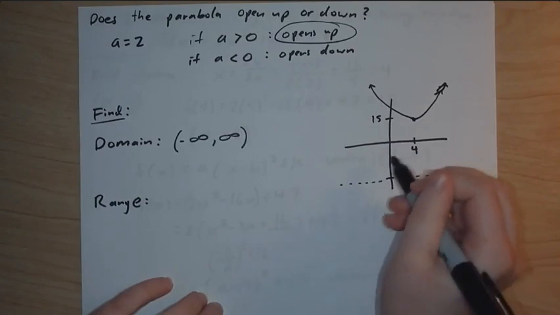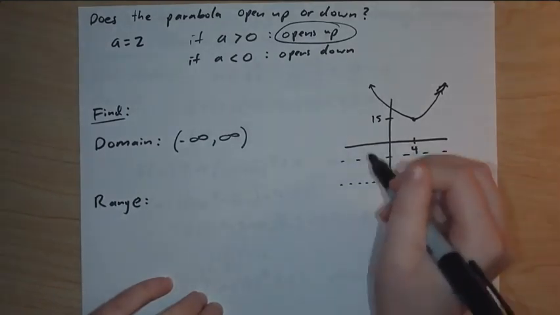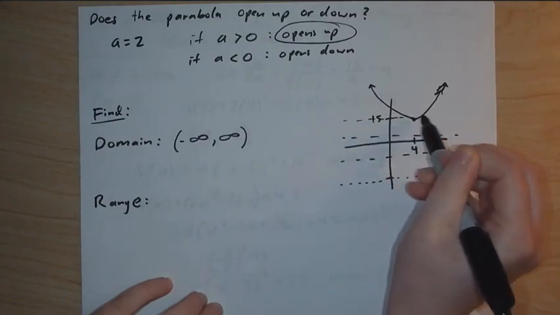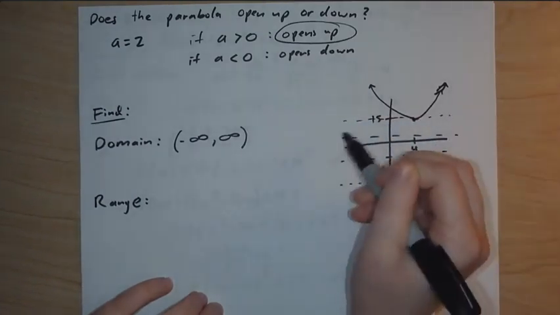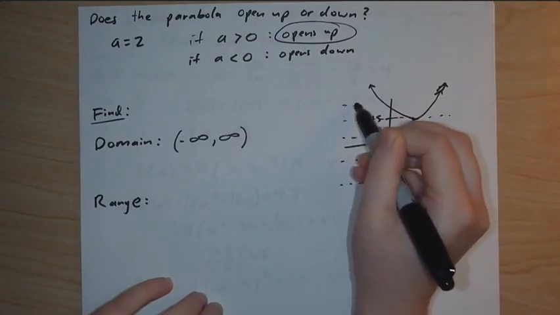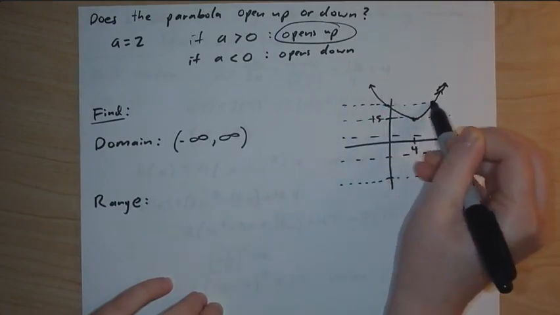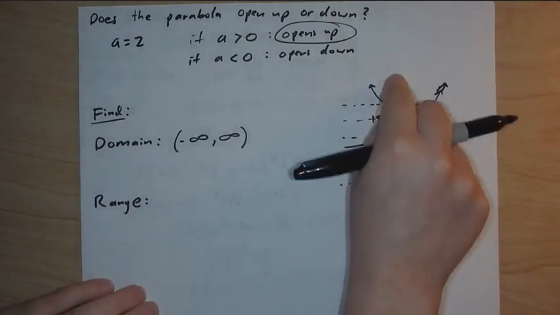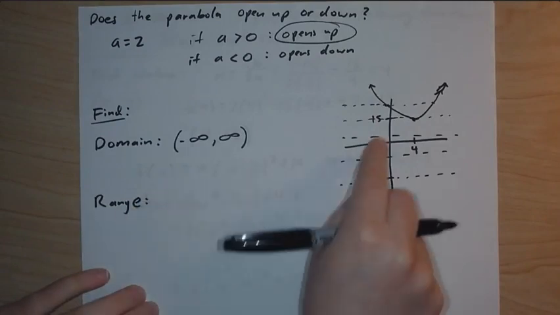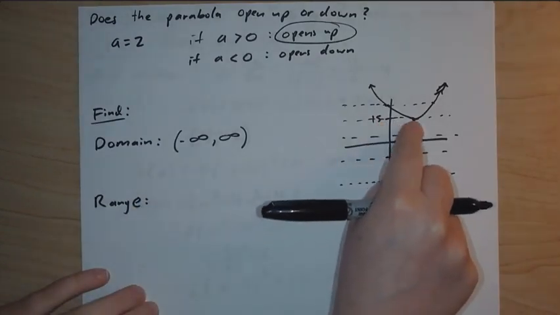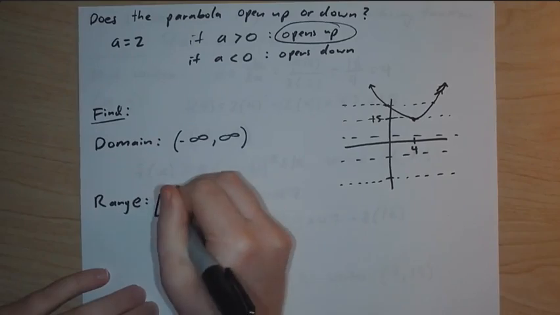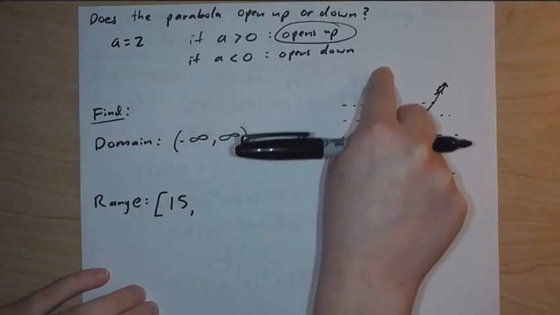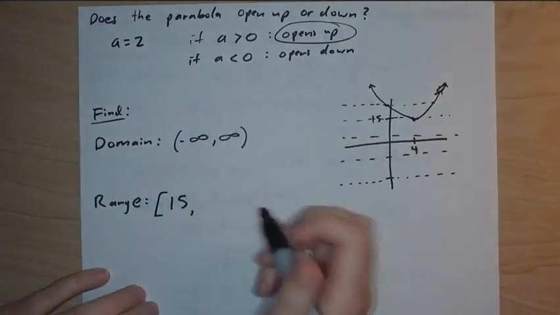We can't touch the function down here. But as soon as we get to 15, we go across and oh, we touched our function. And the same thing happens when we go above 15. So our range, going from bottom to top, like we always do, starts at 15 and includes 15, and it goes up into infinity. If you go above 15, you will always be able to touch the function if you go horizontally.